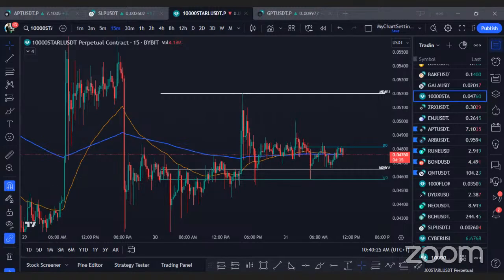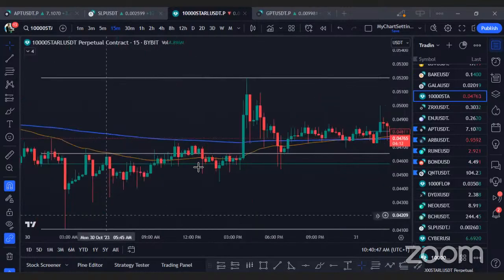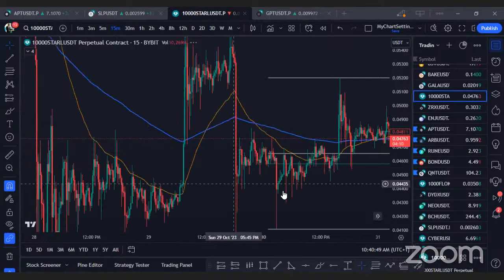Best time frame for scalping is anything between 1 minute and 15 minutes: 1 minute, 3 minutes, 5 minutes, 15 minutes, but I prefer 5 and 15 minutes. Which is exactly what I used. The 15 minutes was what worked for me on this token, between 15 and 5 minutes.